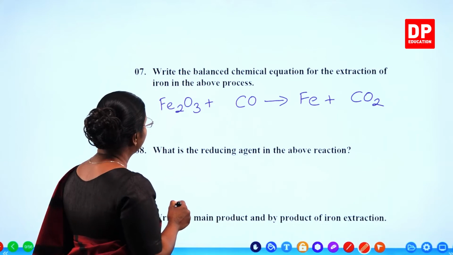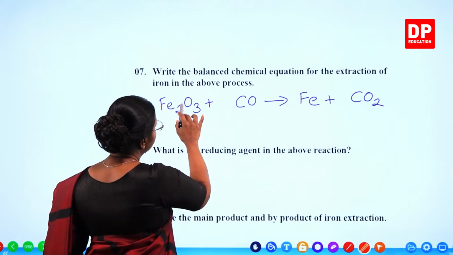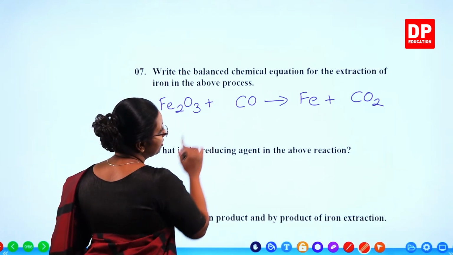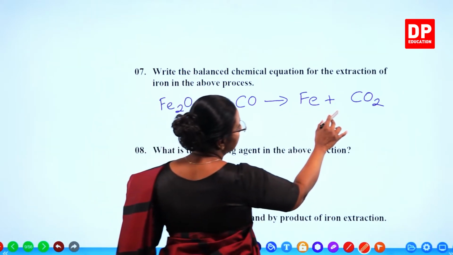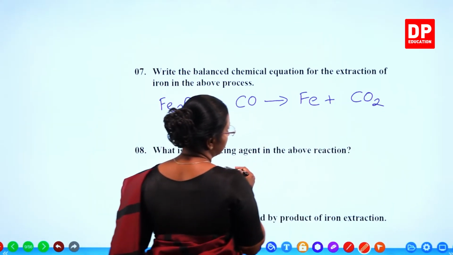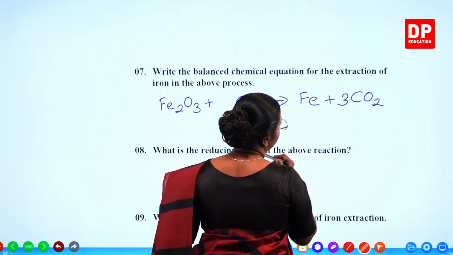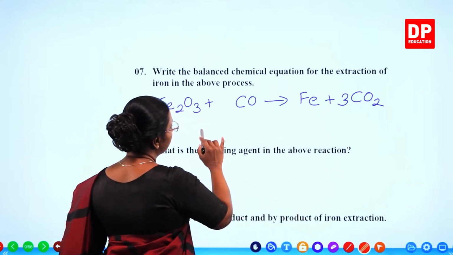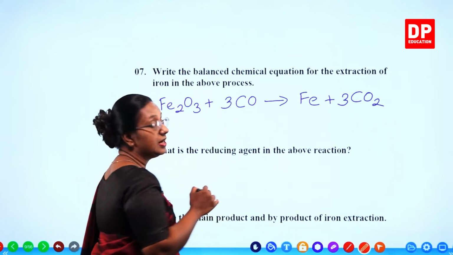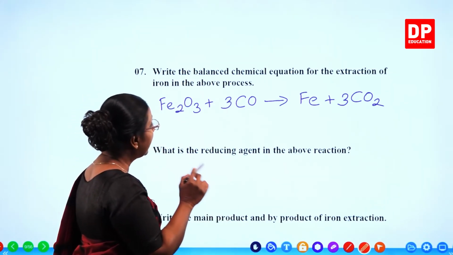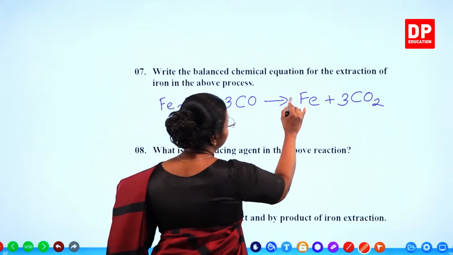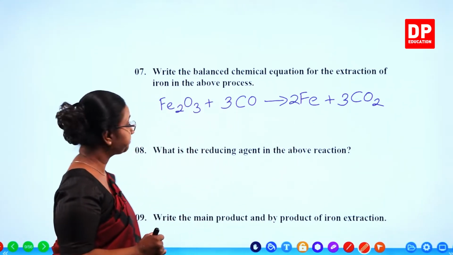So if we are to balance, now here you can see 2 Fe, 3 oxygen, 1 oxygen there. So here we already have 2 oxygens. So what do we need to do? We need to have 3 carbon dioxide. In order to balance that, we have 3 carbon monoxide, and also to balance iron we need to put a 2 there.